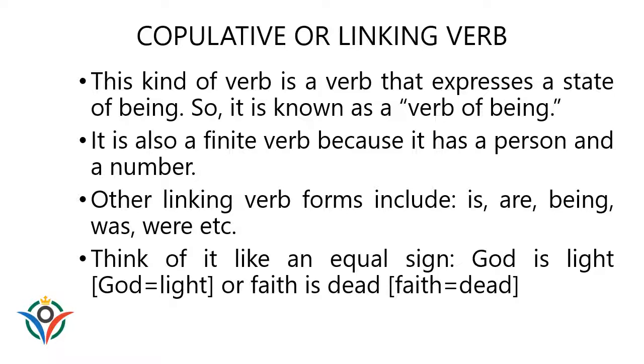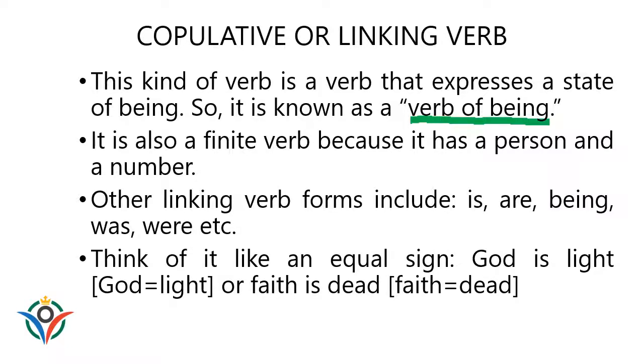So the copulative or linking verb is a kind of verb that expresses a state of being. So sometimes you will see it being called a verb of being in English, or a to be verb.